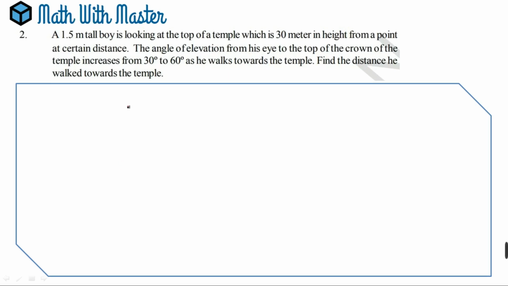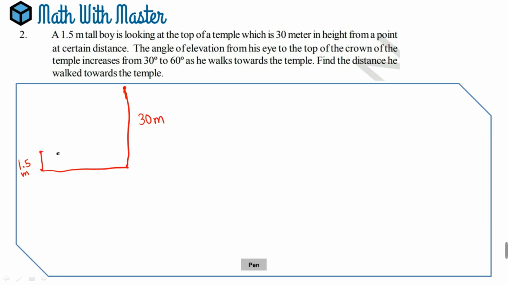So in the question there is given that there is a 1.5 meter tall boy looking towards the temple which is 30 meters, and now the angle of elevation from his eye to the top of the crown of the temple increases from 30 degree to 60 degree.